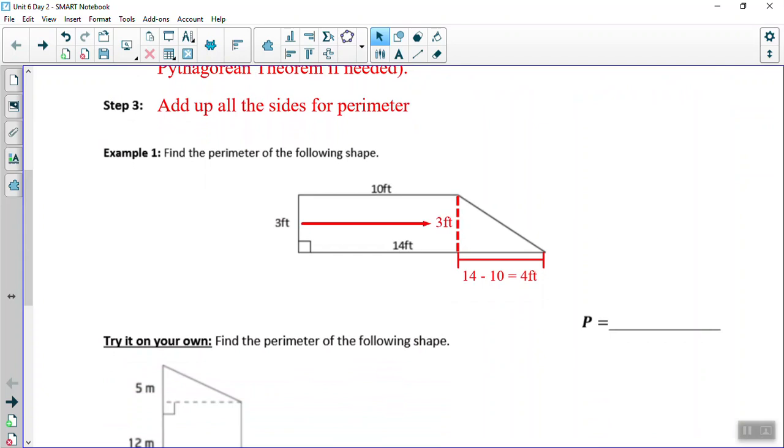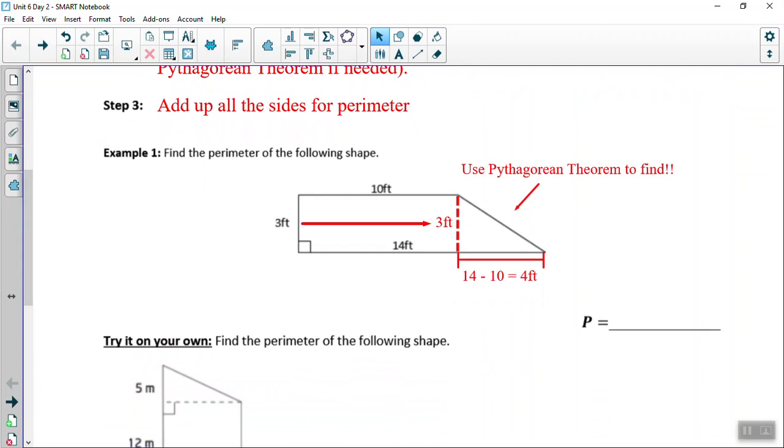Now we can use this side and this side to find the length of this side. We now have a right triangle. This vertical line and the horizontal lines make that right angle. So we can use our Pythagorean theorem to find the length of this side.